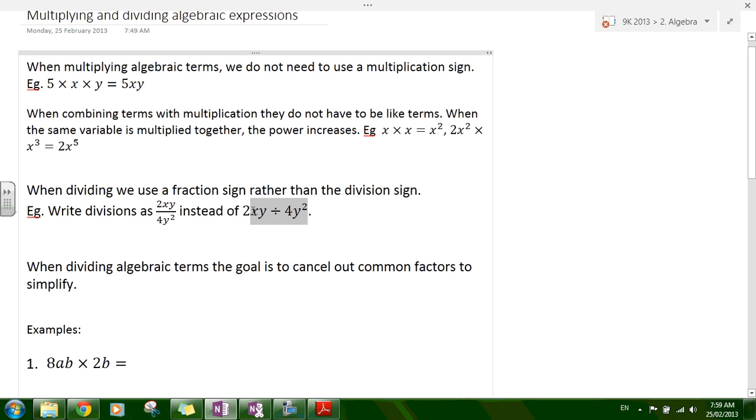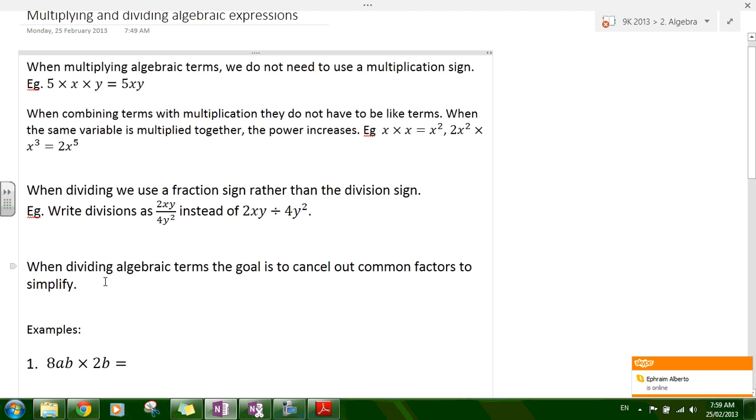If you're given a question in this form, the first step is to change it to this, and you'll be able to see what terms you can cancel out and what common factors, because when you're dividing algebraic terms, the goal is to simplify by cancelling out common factors.